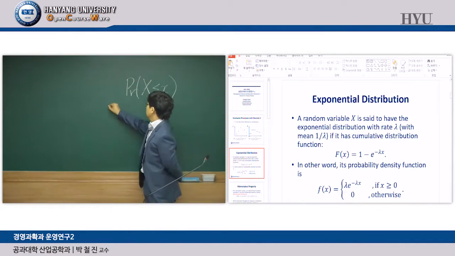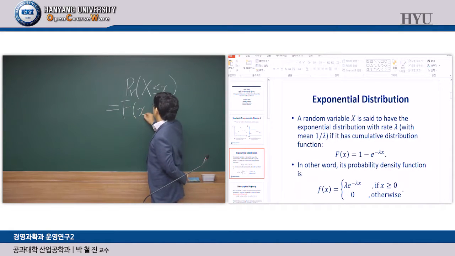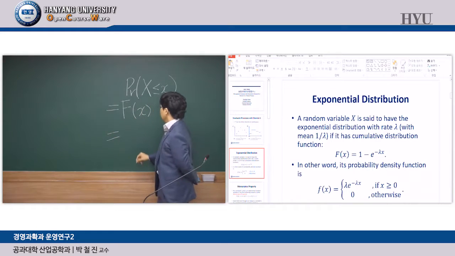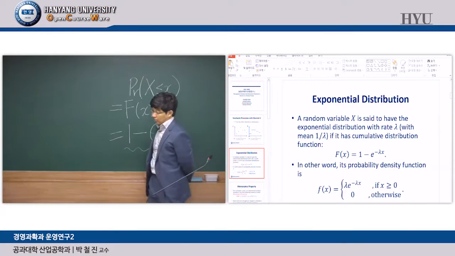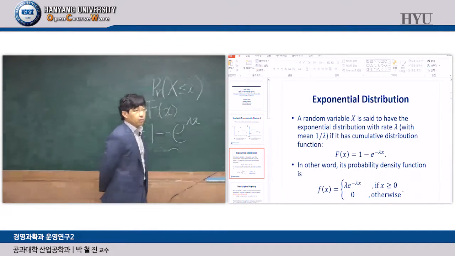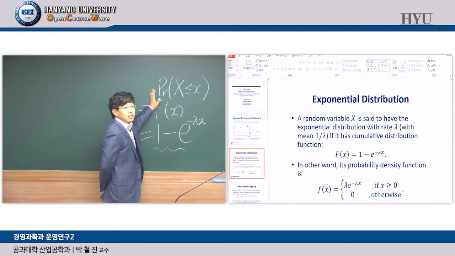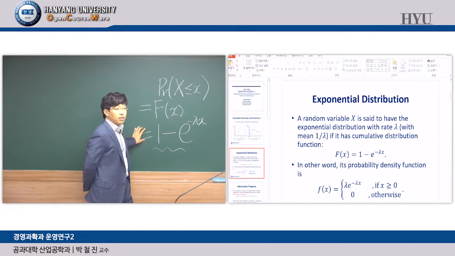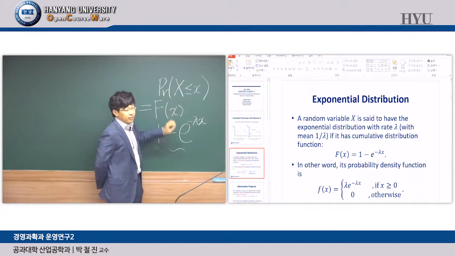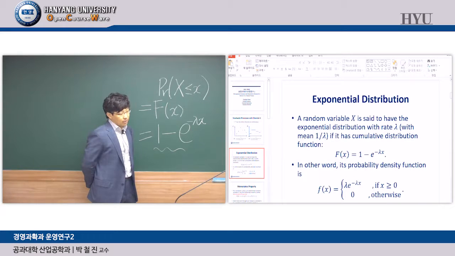Sometimes we write this as large F of small x, and if this function has the form 1 minus e to the negative lambda times x, then we call large X an exponential random variable with rate lambda.